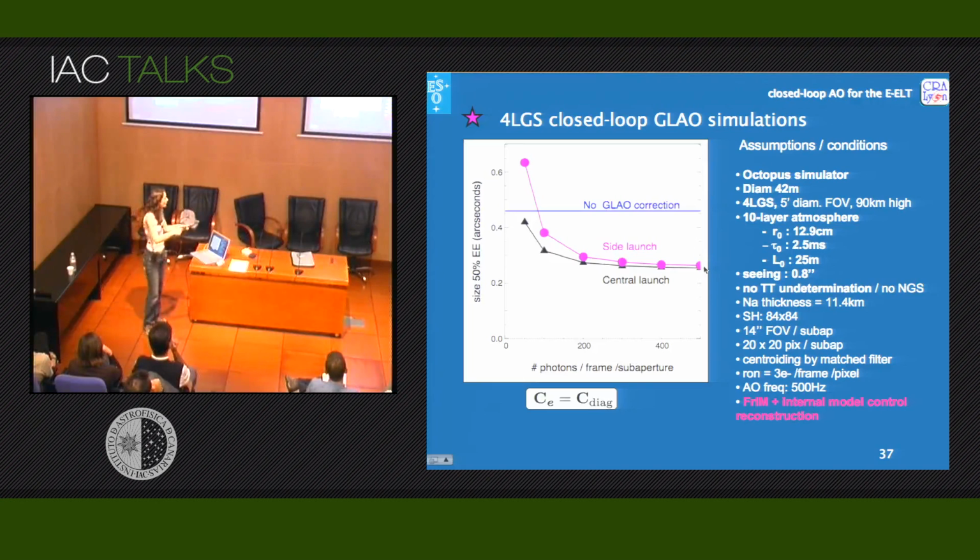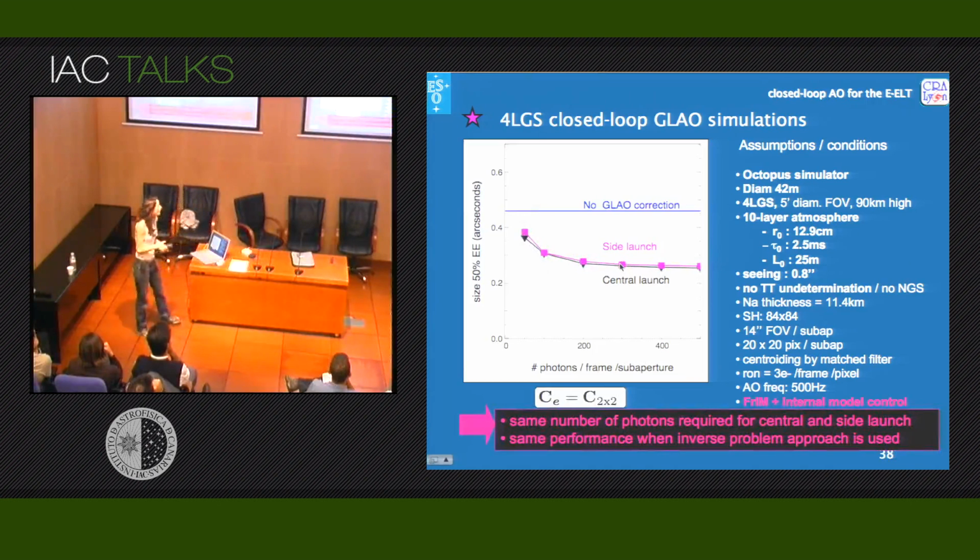And if you can have the same performance at a given return flux of laser, it means that you can build the same laser launch telescopes for side launch or central launch, and you will have the same performance. But what is important is that maybe if you launch from behind the secondary, you will have a beam relay much more complicated than if you launch from the side of the telescope, and you can lose a factor 2 in laser power because of this beam relay.